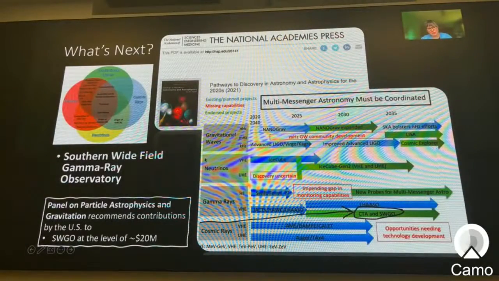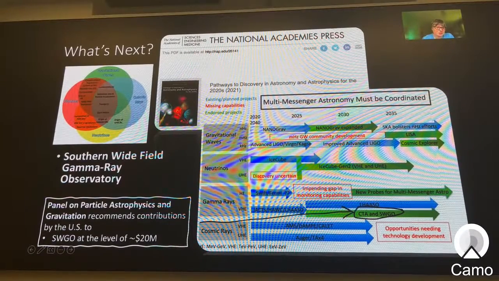So, what's next? I think that we can go to the next slide. Next is, among other projects, the Southern Wide-field Gamma-ray Observatory, hopefully. There has been a white paper submitted to the Astro2020 process, and I like this little overlay here.